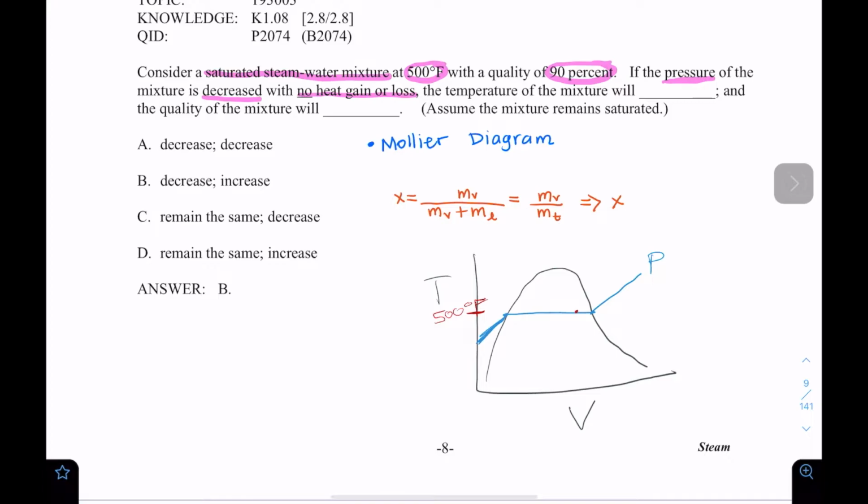We are at 90% quality, and the pressure remains constant. Well, the pressure decreases, right? We have a decrease in pressure. So what's going to happen?